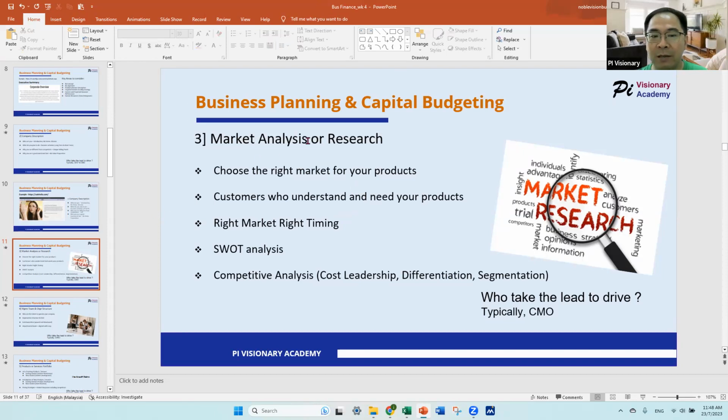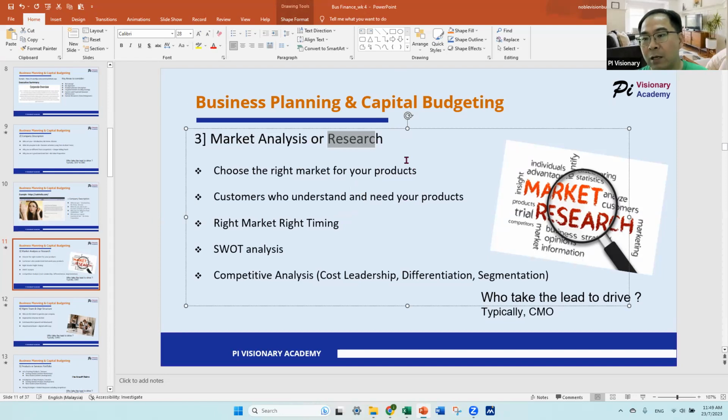If you don't have the research, if you don't have the data, you must have the data to support your assumption, your understanding. The data can be obtained from the market research company.